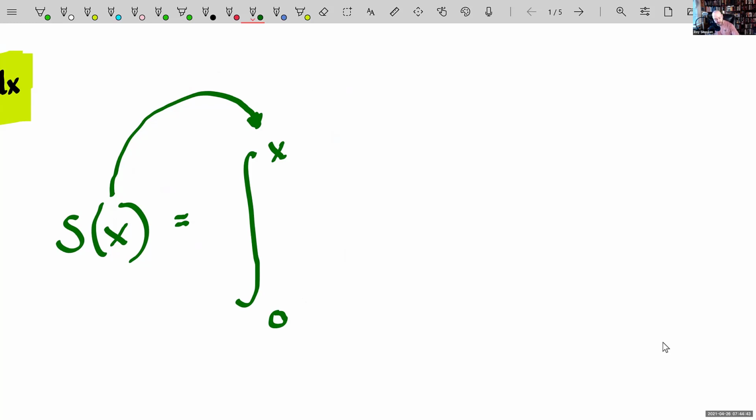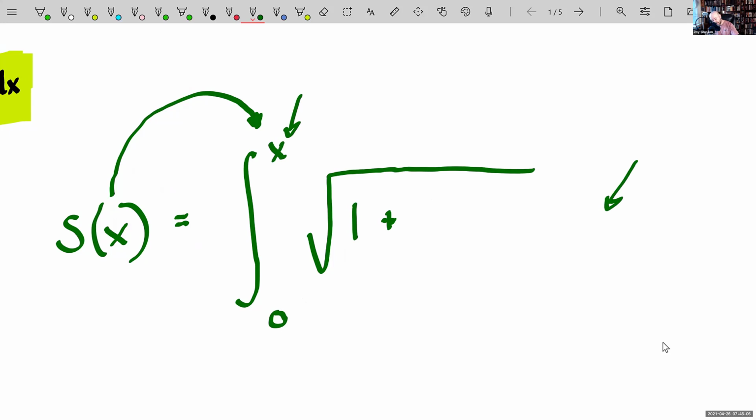So that stuff in there, we're going to write, I know it's normally 1 plus the square root of 1 plus the derivative of our function, which was the cosine squared, right? And normally we'd say cosine of x being squared dx, but because the variables have to be different between the limit and here, we're going to go ahead and say it's cosine squared of t dt.